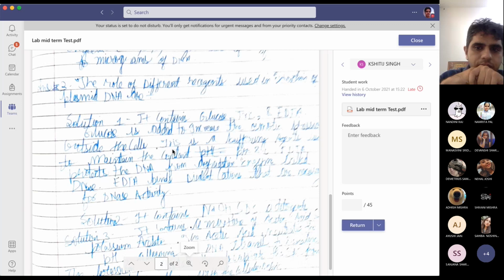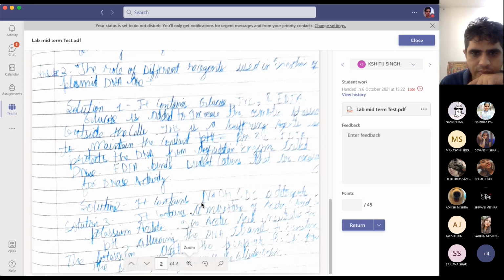EDTA binds divalent cations that are required for DNase activity. Solution 2 contains NaOH, SDS, and detergent.